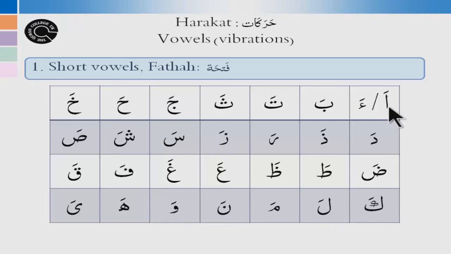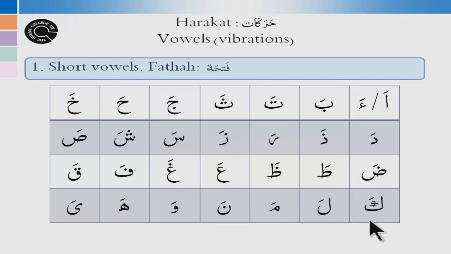So that is a, and that's also a, ba, ta, and so on through the alphabet. These are the sounds that come out when the vibration fatha is applied to the alphabet.